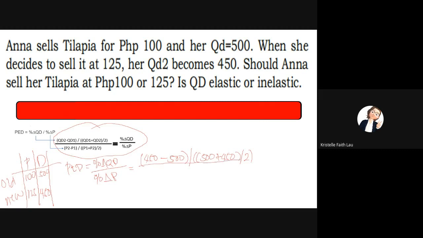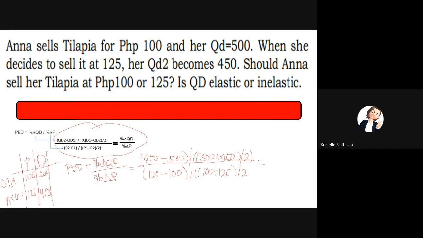Then let's look for the percentage change in our price. So, our P2 is 125 minus 100. Then, we divide it. Let's find the average price. So, 100 plus 125, divided by 2.